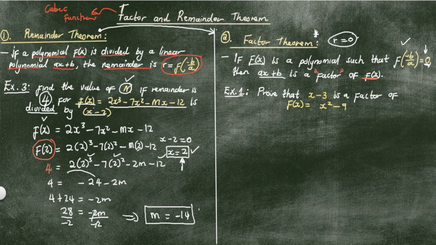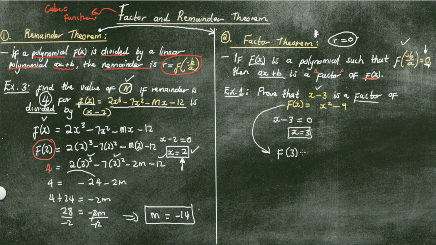Now, prove that x minus 3 is a factor of f of x, right? We take this minus 3, equate to 0, and solve for x. Take 3 and substitute into the polynomial f of x.